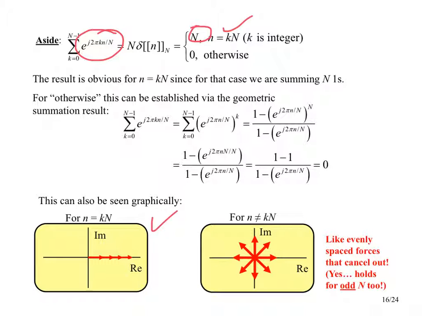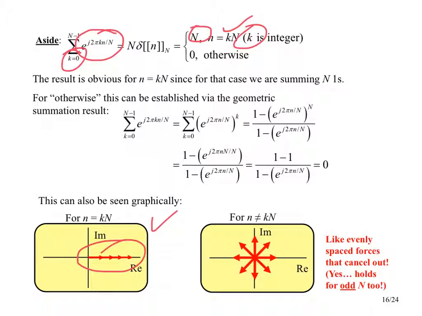This should be some other integer, not this k. Let's call it p for now. So I would end up with e to the j 2 pi kp, which again is just a complex number with an angle that's an integer multiple of 2 pi. So we would still end up with this scenario.